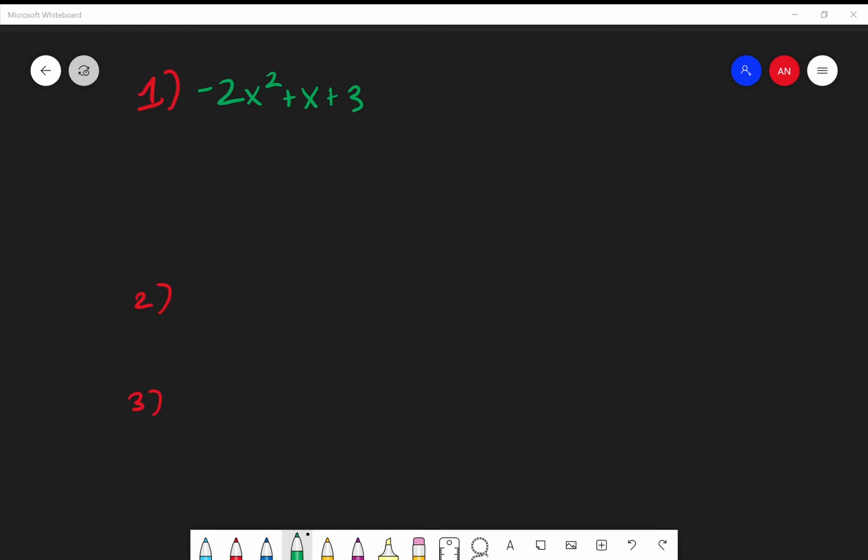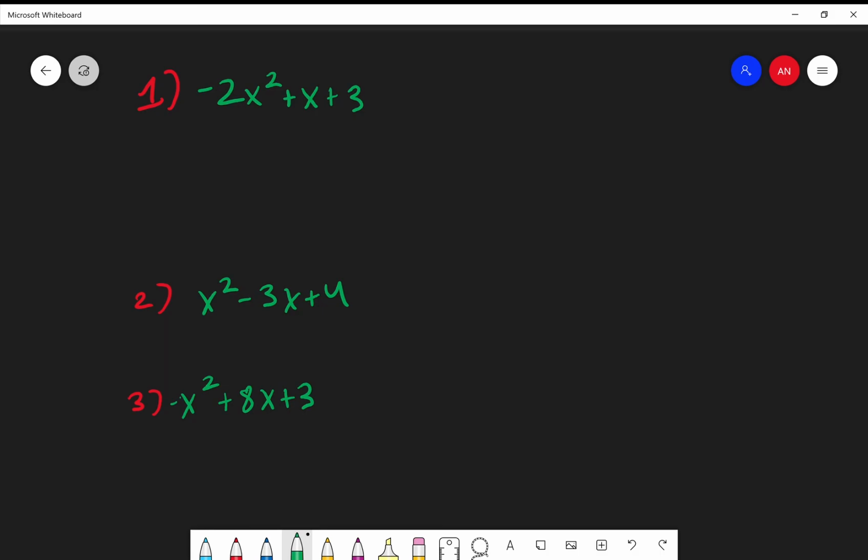Then let's take x squared minus 3x plus 4, and then let's take minus x squared plus 8x plus 3. Take a moment, pause the video, and try to solve them.